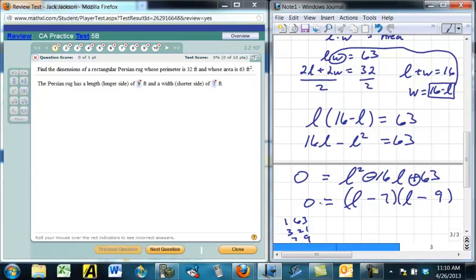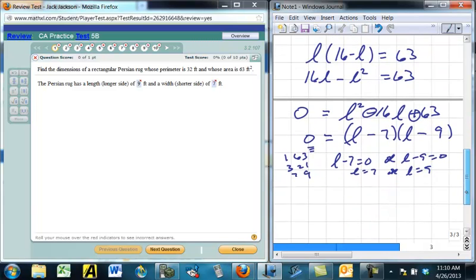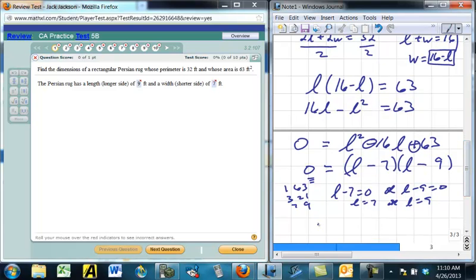So now we have two things multiplied together to be 0, and it's very important that it's 0. That means either one of these two has to be 0. Either L minus 7 equals 0, or L minus 9 equals 0. So L is 7, or L is 9. Now, W is 16 minus L. So if L is 7, W is 16 minus 7, which is 9.